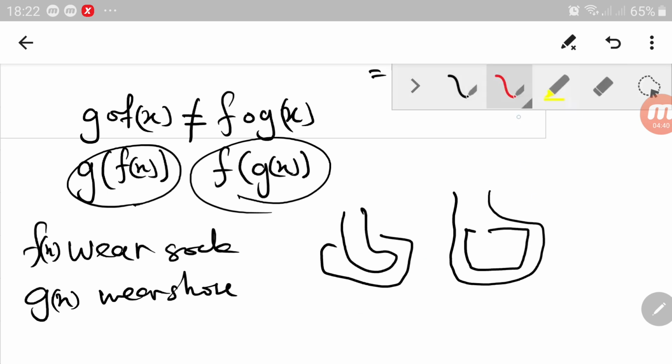This is our leg, and this is our leg also. You see, different, right? So if you feel stuck, remember the analogy that wear socks first and wear shoes later is not equal to wear shoes first and wear socks later.